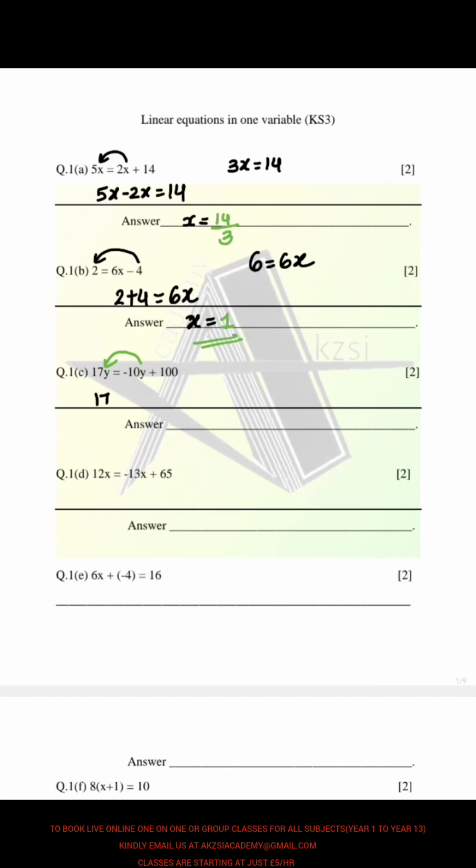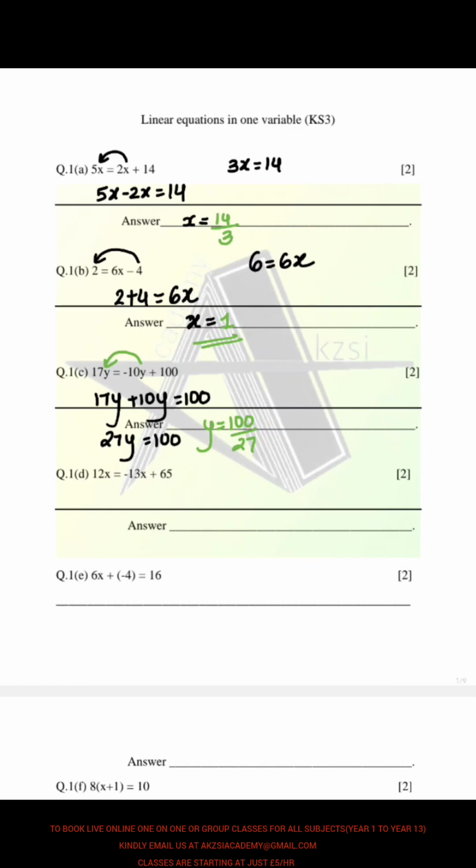So 17y plus 10y equals 100. This will be 27y equals 100. And on dividing both sides by 27, we'll get y equals 100 over 27. So finally, y equals 100 over 27 is the final answer.